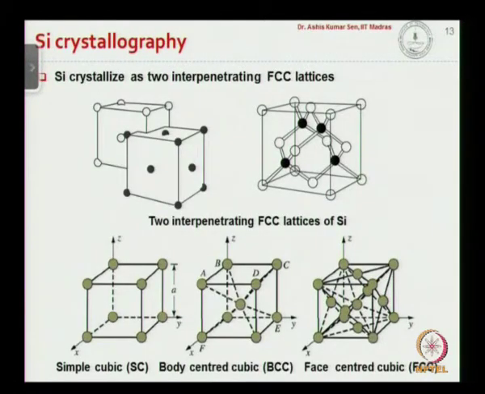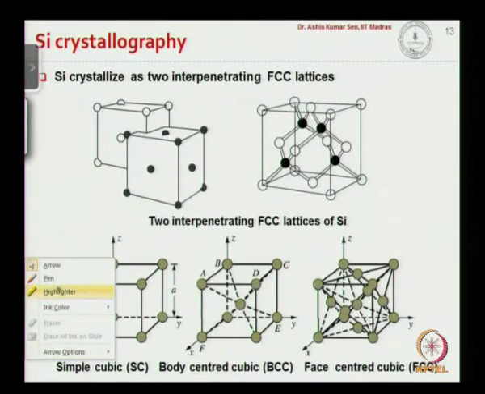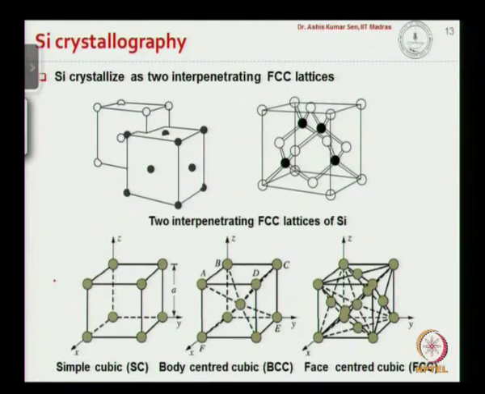So if you look at the crystal of silicon, it is basically formed by 2 interpenetrating FCC lattices, and here you see the 3 different lattice structures we talked about.